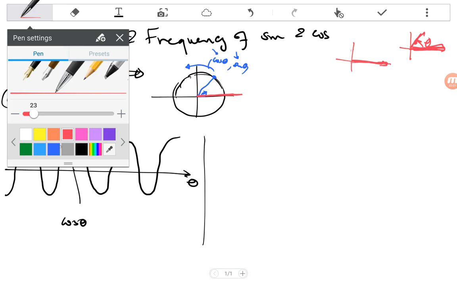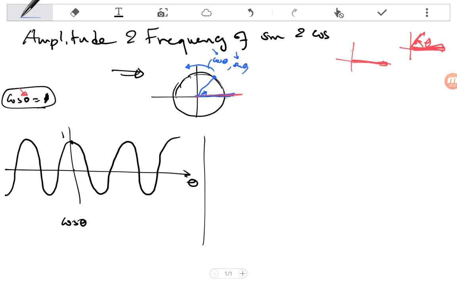Okay, so for the angle 0, this represents the angle 0. More specifically, that point will represent the angle 0, which has the coordinates 1 and 0. 1 is the cosine of 0, and 0 is the sine of 0. That's why cosine starts with 1.